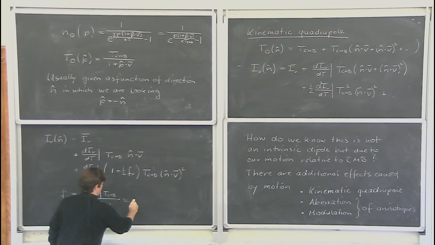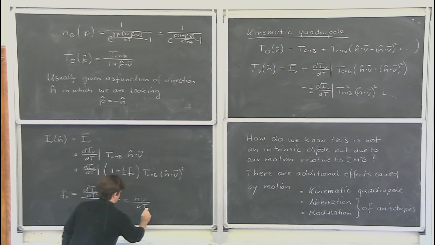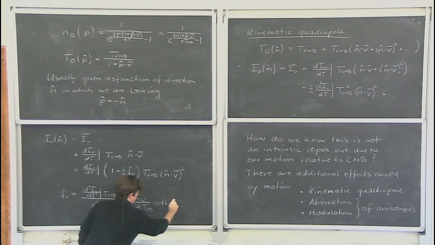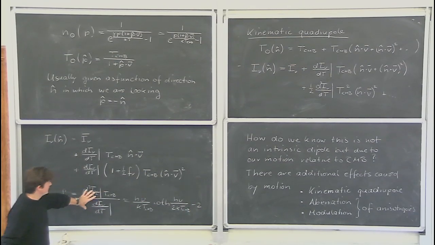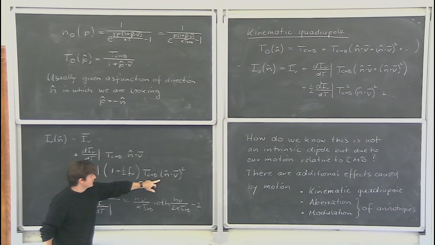So if you plug everything in, the black body spectrum, you find that this is h nu over k T_CMB times the hyperbolic cotangent of h nu over 2 k T_CMB minus 2. So that's just what you get if you evaluate this function. And then this isn't yet quite a quadrupole.